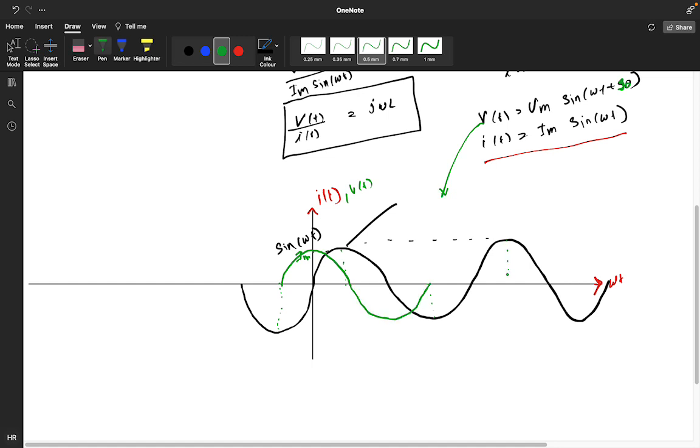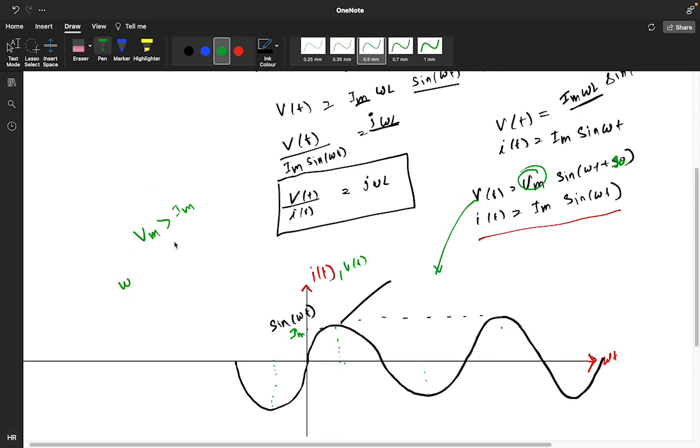But wait, this Vm value is greater than the Im value, because Im is multiplied with omega L, giving you Vm, and we are assuming that omega L is greater than 1.